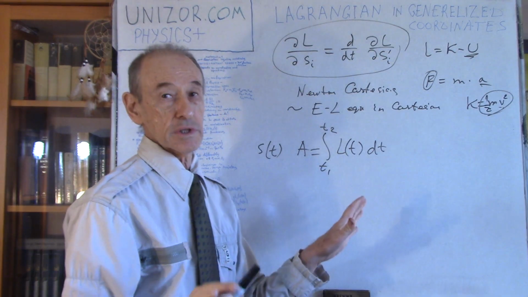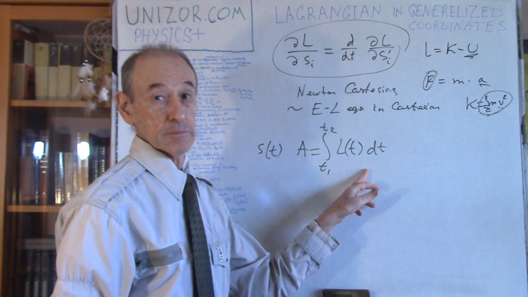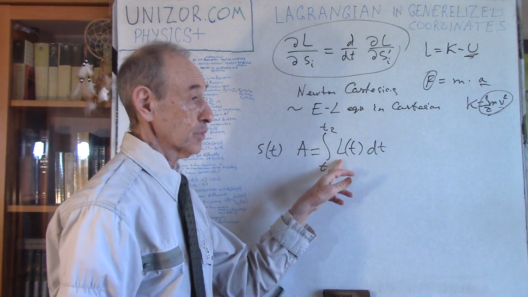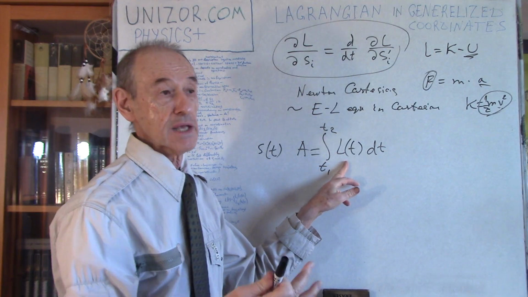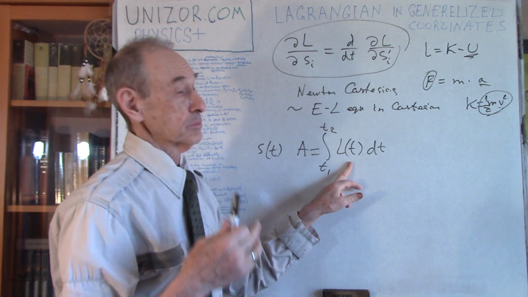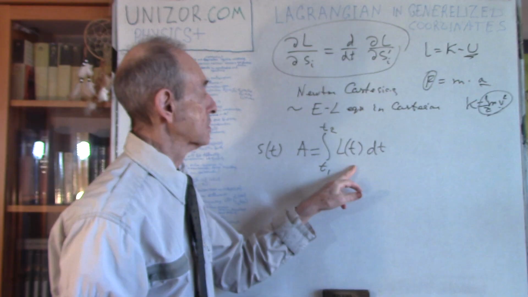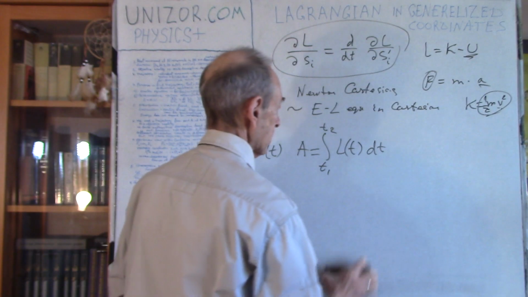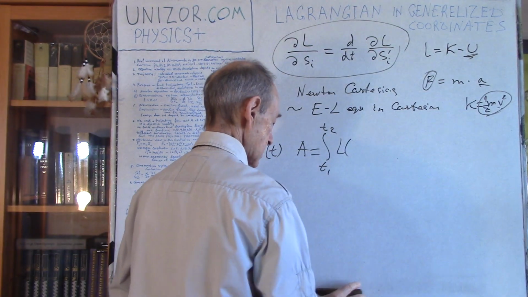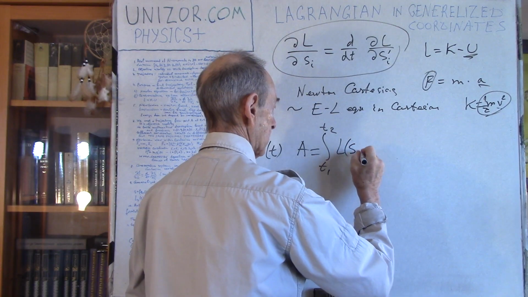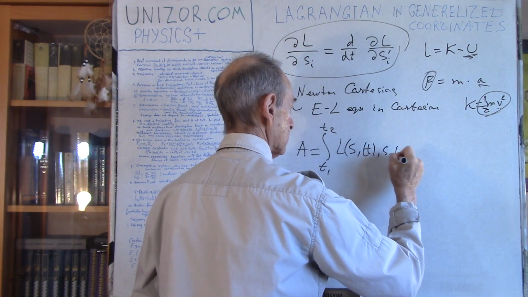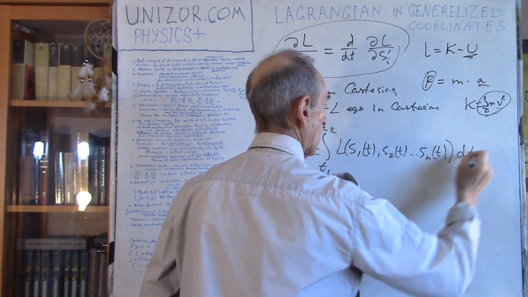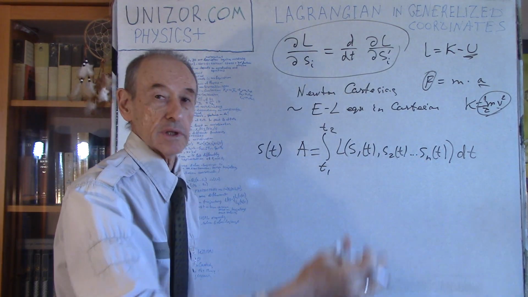So forget about coordinates. This is a function of one argument, time. Let's call it time, and you have basically this integral. What exactly L is doesn't really matter. I'm saying right now it's any function of time, relatively smooth. And what I'm saying is that this function is a function of coordinates, so it is a function of time, but not explicitly.